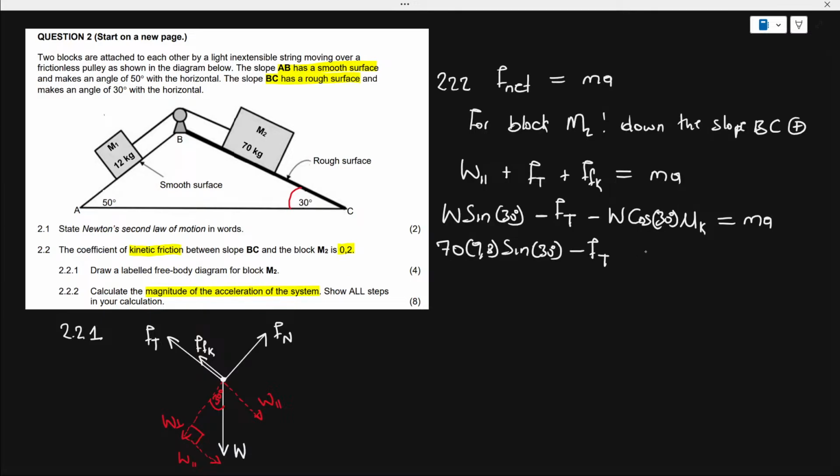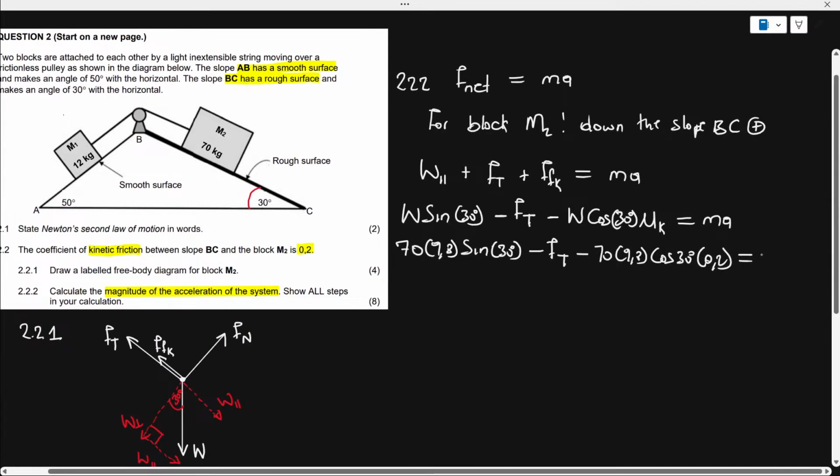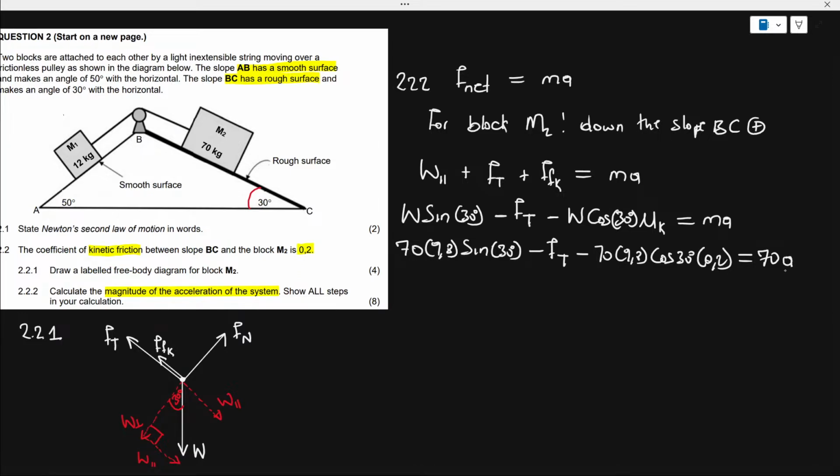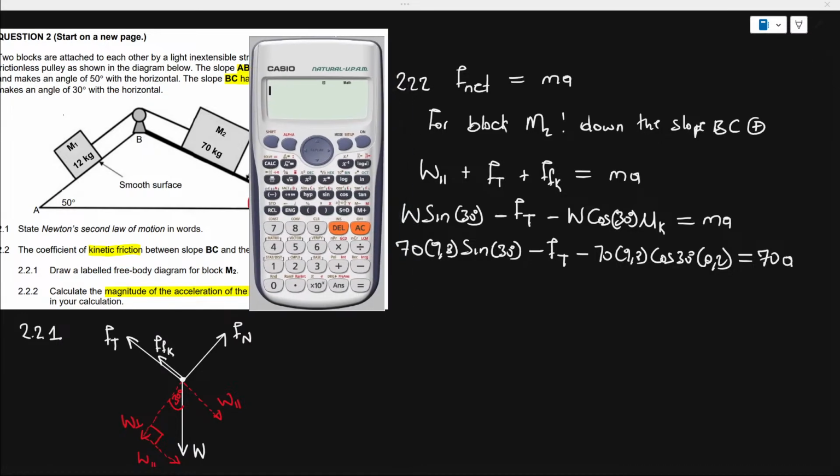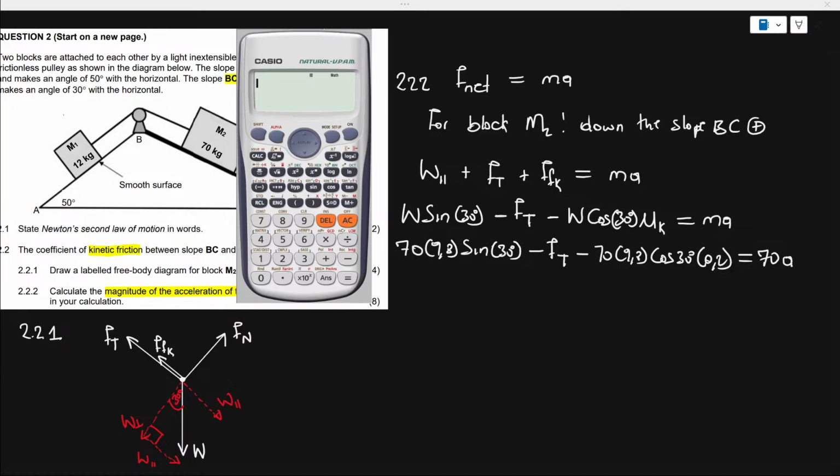So minus Ft and also minus mg, which is 70 multiplied by 9,8 multiplied by cosine of 30, and our coefficient is 0.2, and so this should be equal to the mass, which is 70 multiplied by the acceleration of the system. And now we need to take out a calculator in order to simplify this equation.